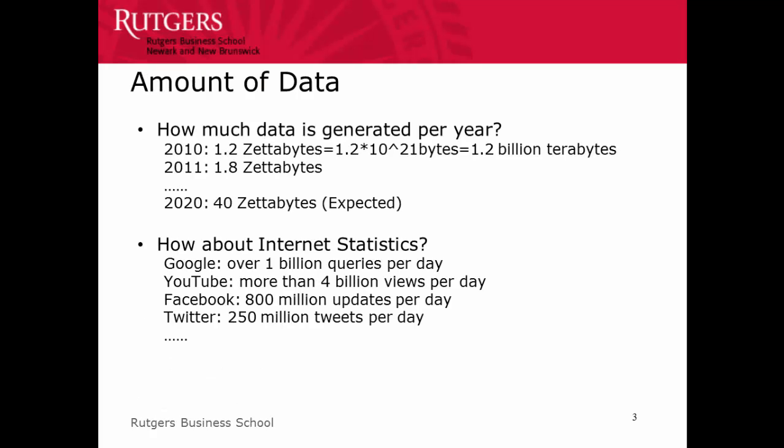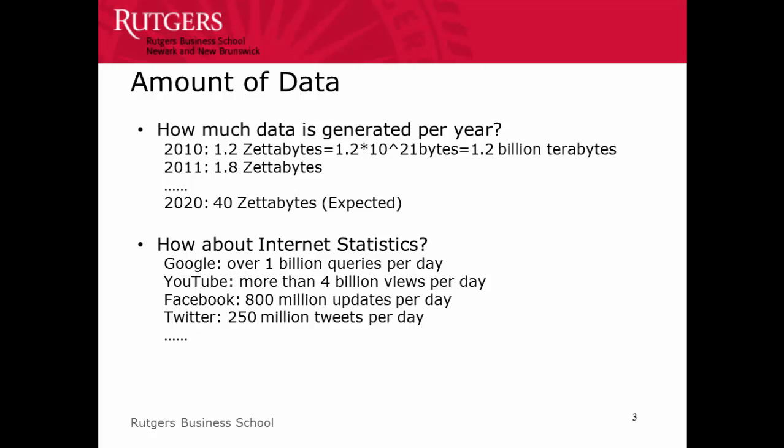So how much data do we have today? Well, in 2010, we had 1.2 zettabytes of data. You may not be familiar with this scale, but to put it in a way that you should be familiar with, it equals 1.2 billion terabytes.